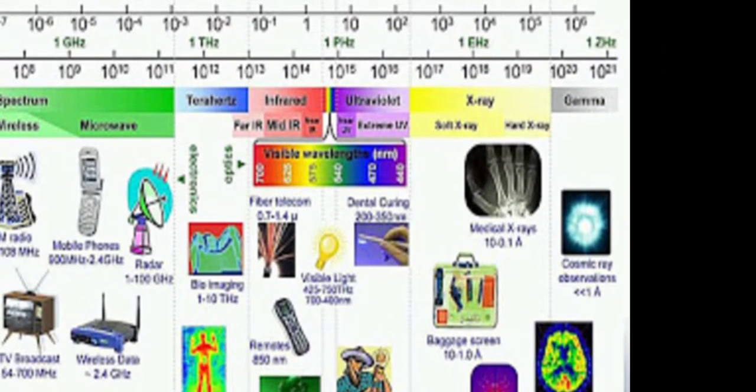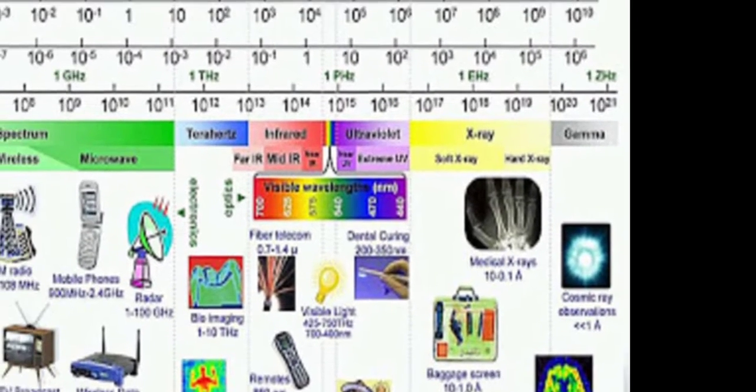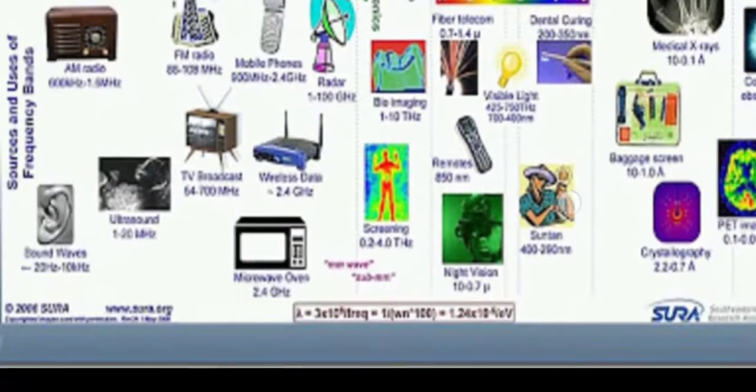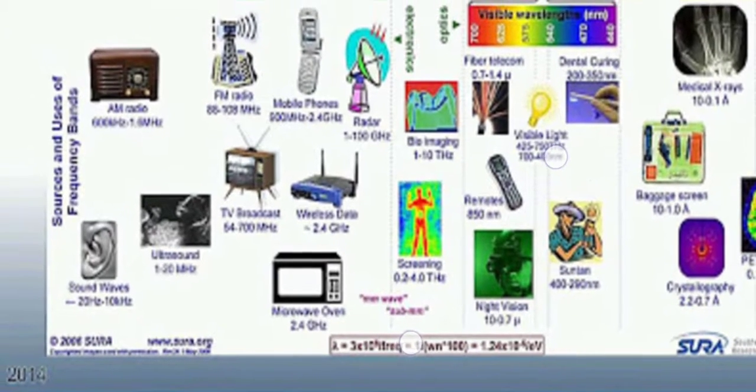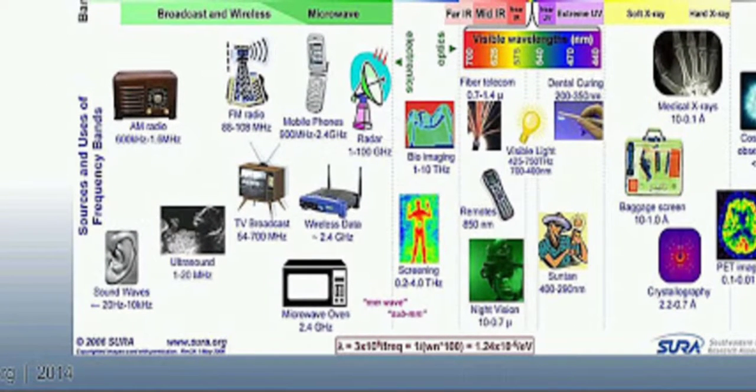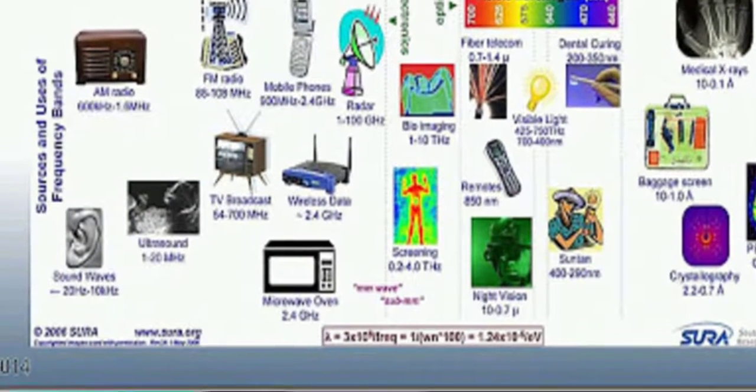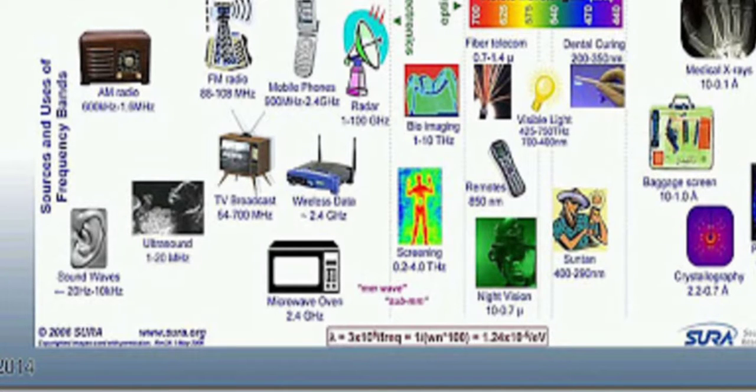Here it is the X-ray, then cosmology, then scanning, then radar, mobile phones, FM radio. So various applications: microwave ovens, which use the frequency of 2.4 gigahertz, then wireless devices, TV broadcast using 64 to 100 megahertz.